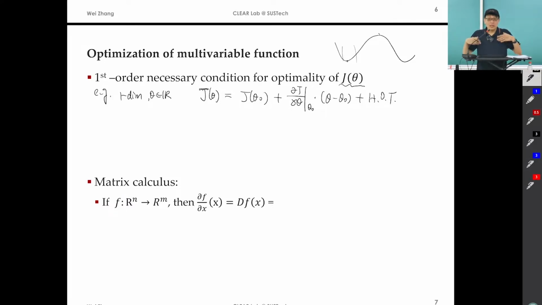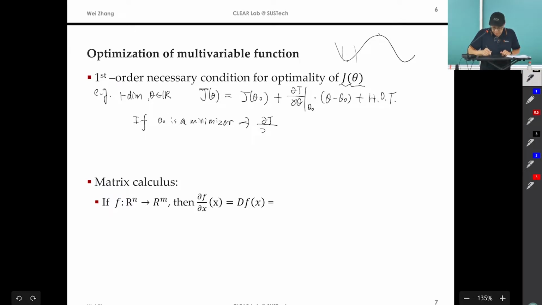Based on the first order Taylor expansion, if theta 0 is an optimizer, then partial J partial theta evaluated at theta 0 has to be 0. That's Yuntian's theorem, right? Let's prove it.